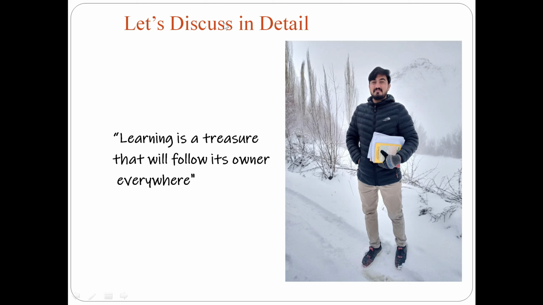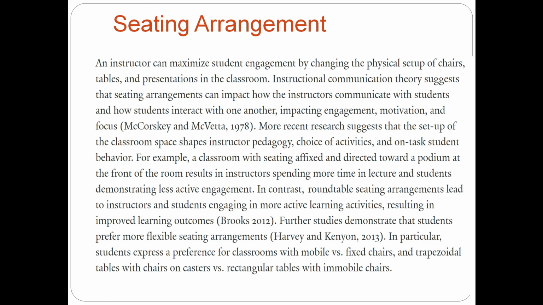Okay, so let's discuss all the components in detail. As I told you, the first component is seating arrangement. When we are talking about the seating arrangement, you all know it means how we are arranging the chairs and desks inside the classroom for our children.